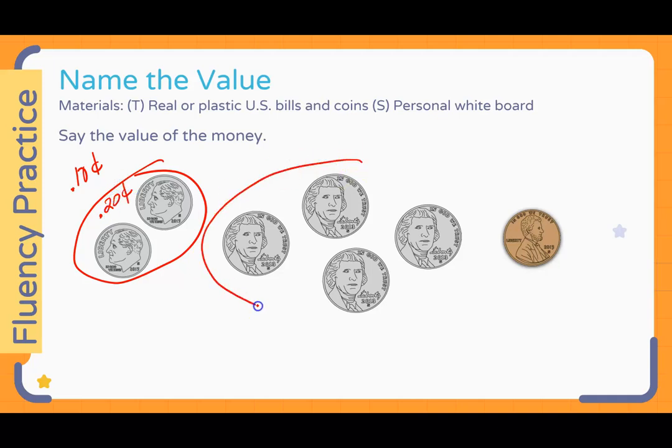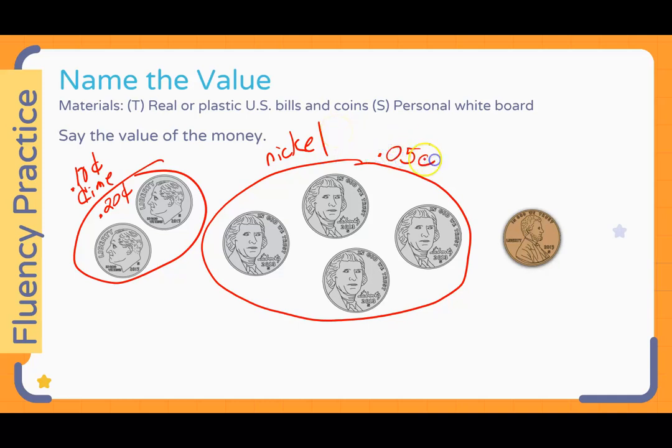Okay. What coins are these? Nickels, right? Let me write dime here so we know. This is a nickel. How much is a nickel worth? 5 cents. How much do we have total? 5, 10, 15, 20. 20 cents.